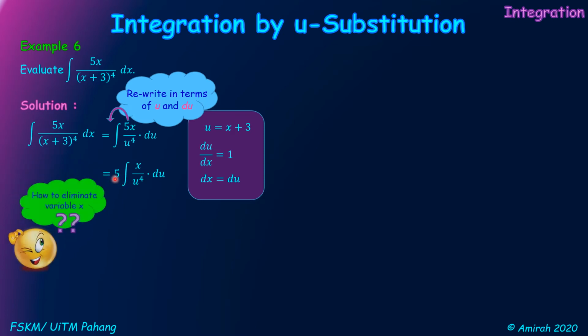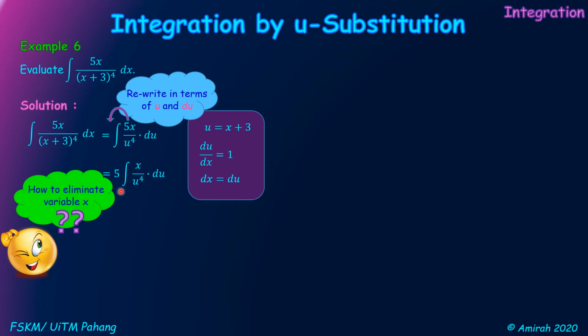So how can we eliminate the variable x from the numerator here? From u equals x plus 3, we can write x as a subject. We move positive 3 to the left hand side, so we get x equals u minus 3. After that, we write 5 and then the integration of, where x here we replace by u minus 3.